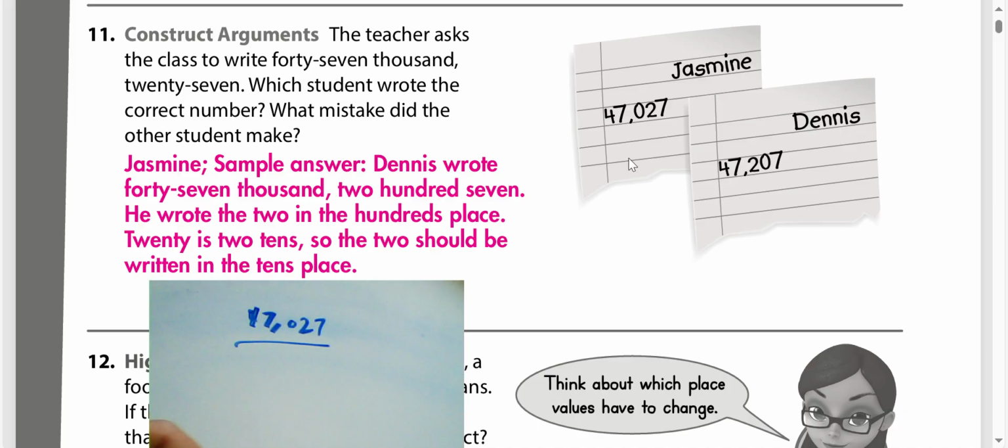This means our answer is true because Denise wrote 47,207. Denise wrote 47,207. She wrote the 2 in the hundreds place. 20 is 2 tens, so the 2 should be written in the tens place.